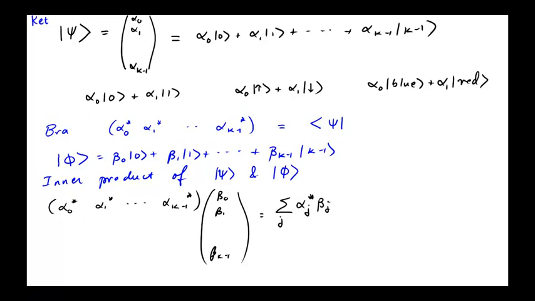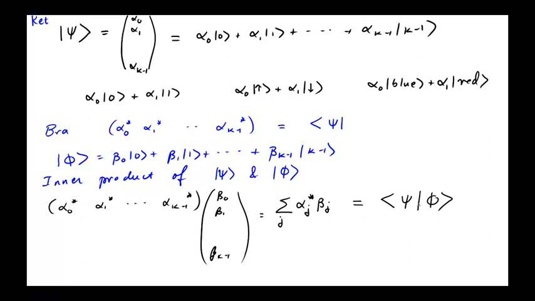That's your inner product. Now, how would we write it in Ket notation? This is bra psi, and then we write a ket phi, and we don't duplicate the vertical line in the middle, and so that's our notation for the inner product.